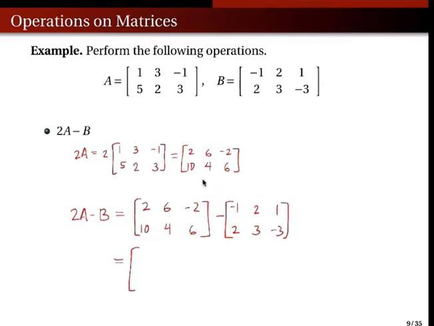So entry-wise subtraction, you have 2 minus negative 1. So let me write that. 2 minus negative 1. This is your first entry. Here you have 6 minus 2. And then you have 6 minus 2. Then here you have negative 2 minus 1.